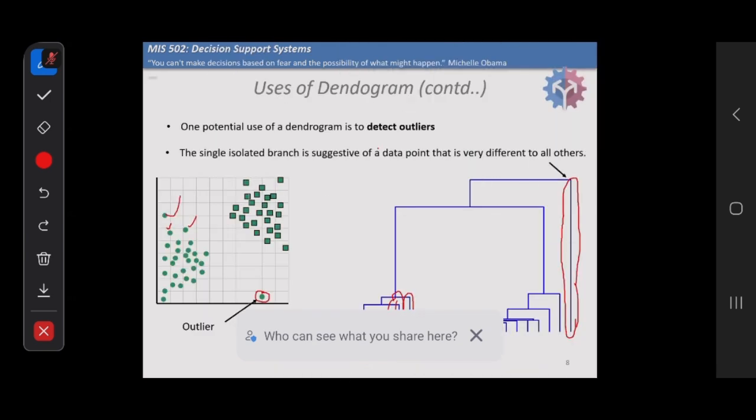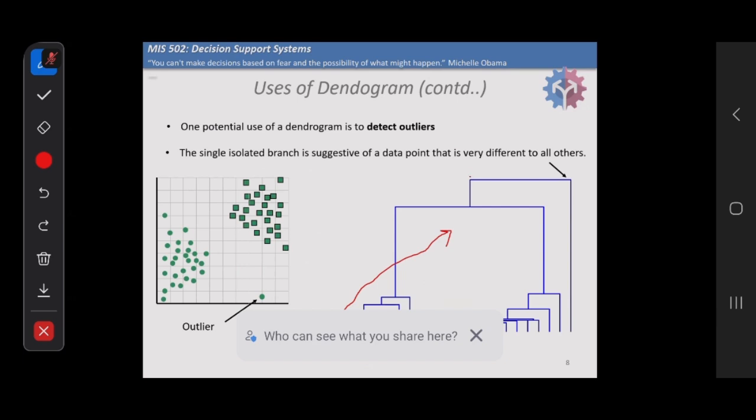So basically, there are two ways, as I'll show you on the next slide. You can start creating your clusters from these points and start merging them together upwards. So you start with individual points, and then you start clustering them like this. This is the first cluster, this is the second one, then this is the third one, and so on.